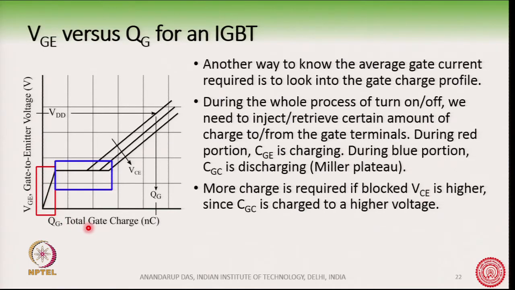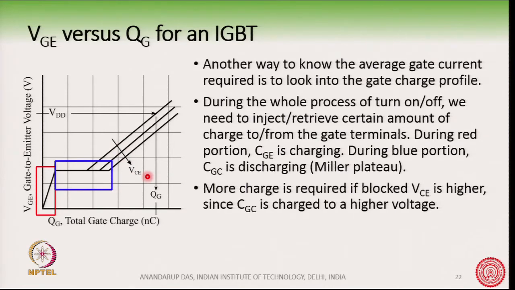Now, you can see here that there are 3 curves shown, and these 3 curves are for different values of VCE, that is, the different values of the DC bus voltage.